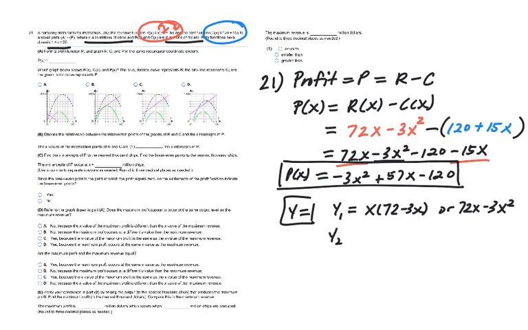Under y sub 2, you want to type the cost function, 120 plus 15x. And then P under y sub 3, negative 3x squared plus 57x minus 120. And then you'll graph. So click the graph button to graph all three functions.